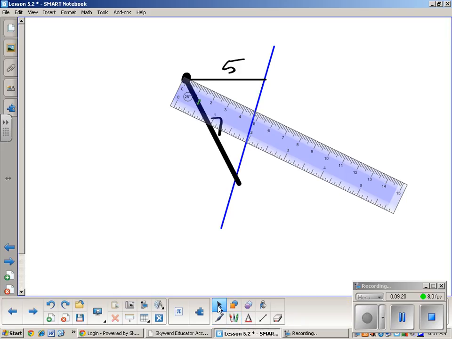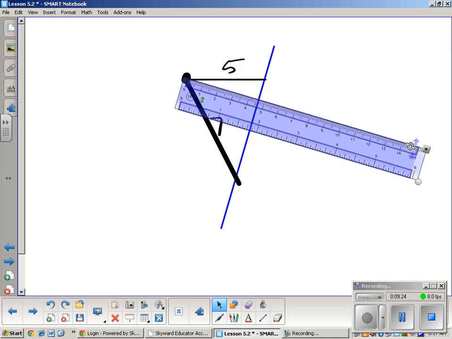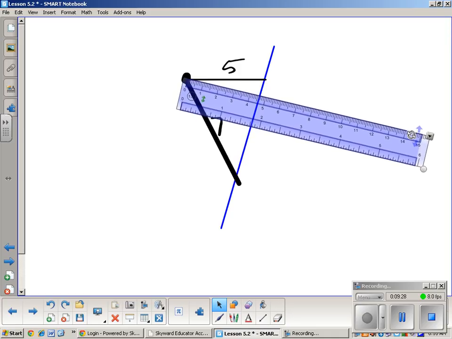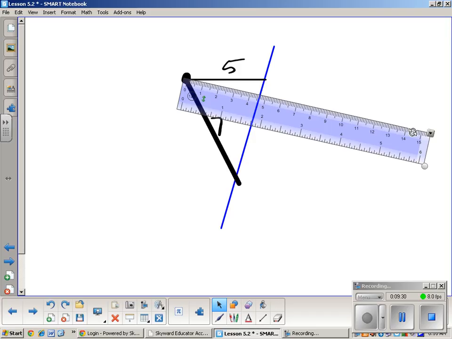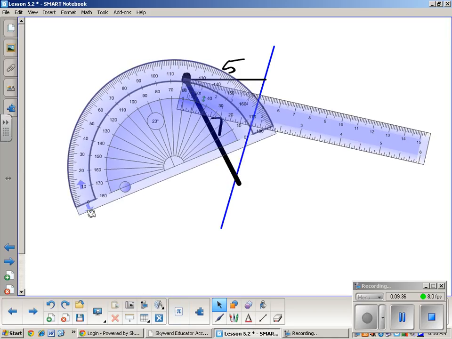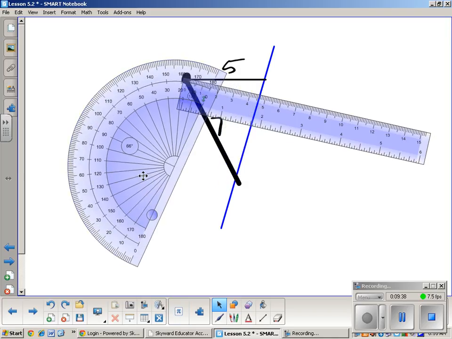And so that means I have to find the perpendicular, which means I should measure with the protractor.